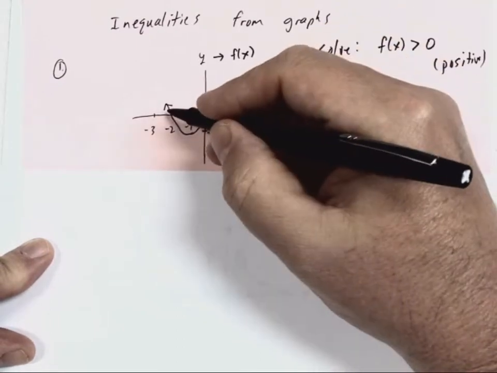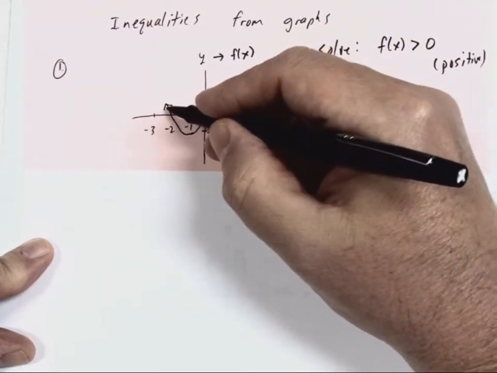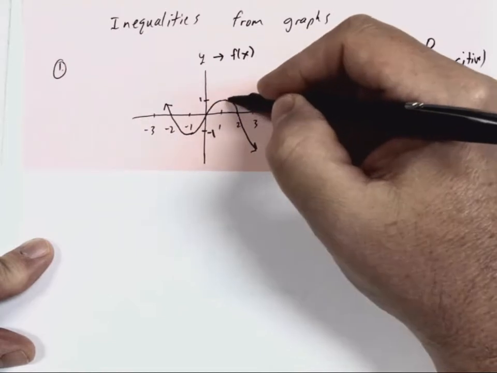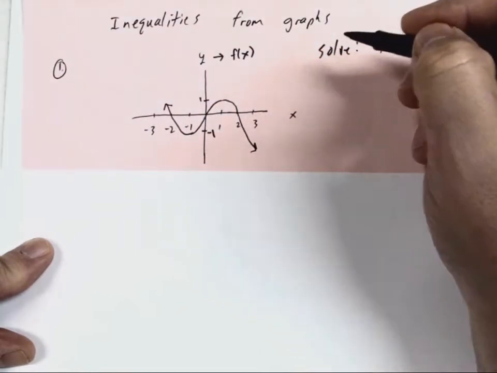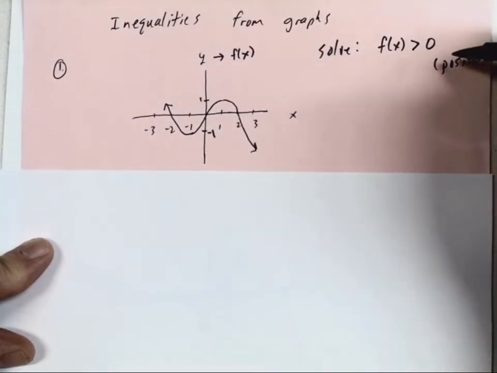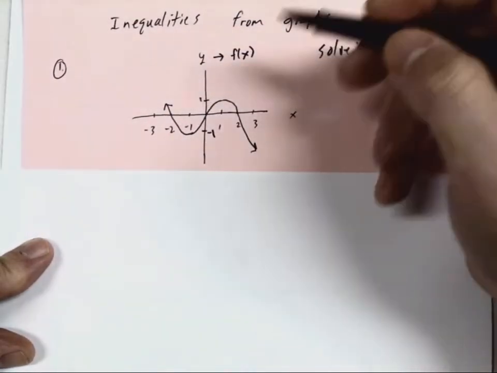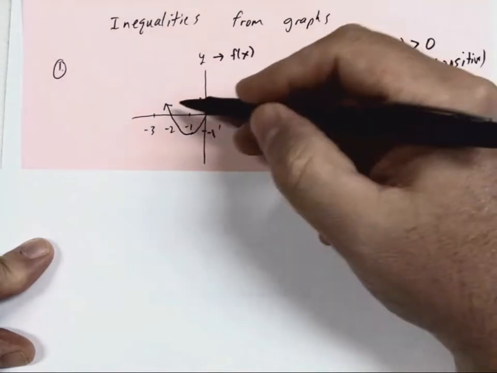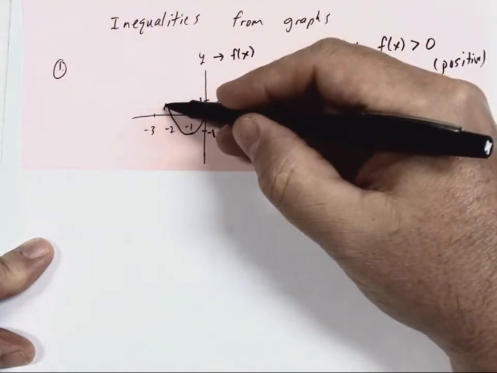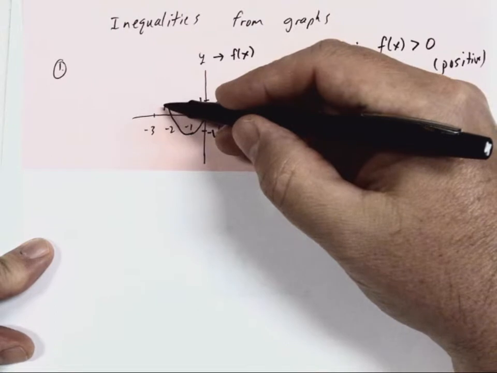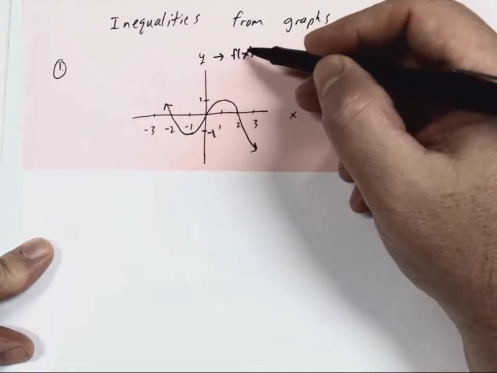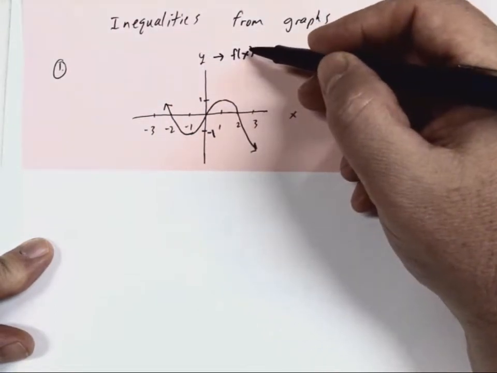So the function is the up and down, the y of this graph. So the question is, where is the function positive? That means, where is the graph above the x-axis? And looking at this graph, where is y positive? Which is what f of x, where's f of x positive?